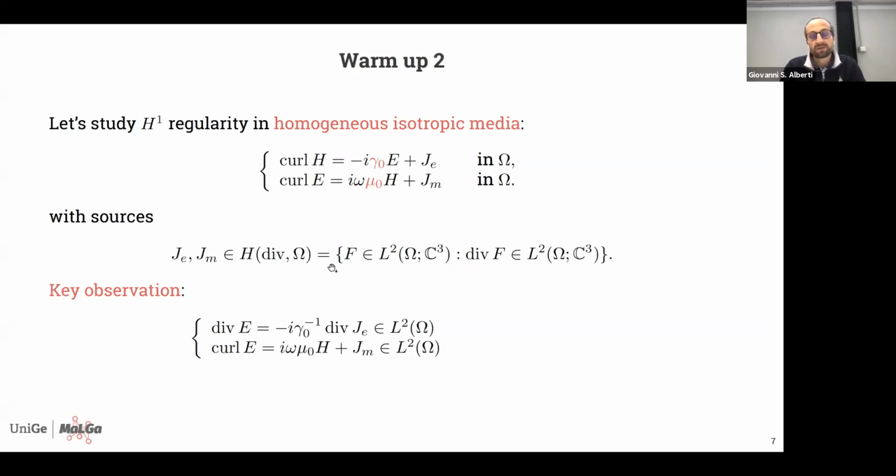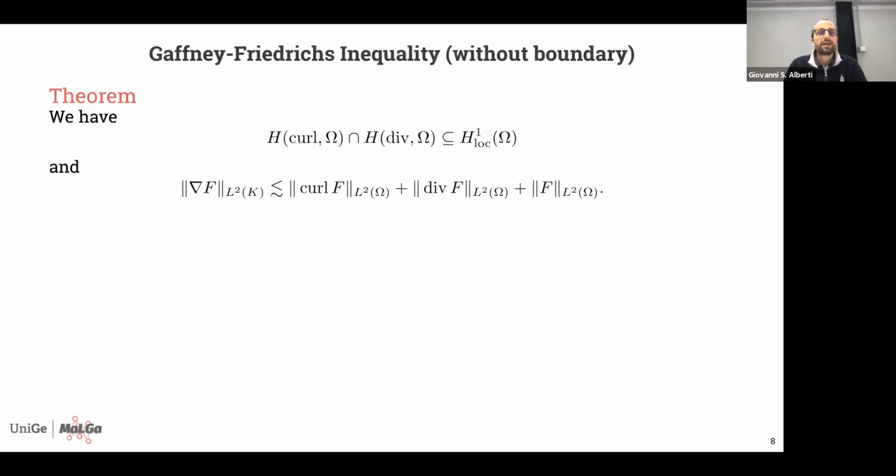The curl of E is for free because in the second equation, the curl of E was already in L2. And so basically I have a vector field E whose divergence and curl are in L2. So can I say from this that also the gradient is in L2, namely E is in H1? Do the divergence and the curl give me something on the full gradient? And the answer is yes.